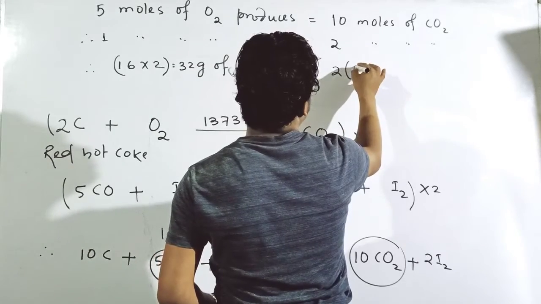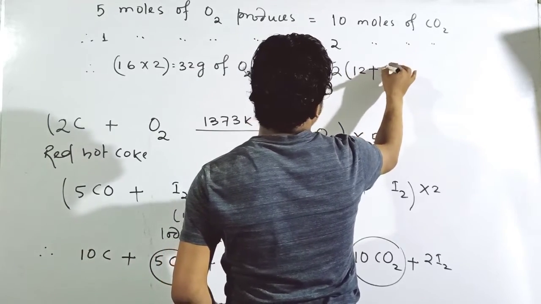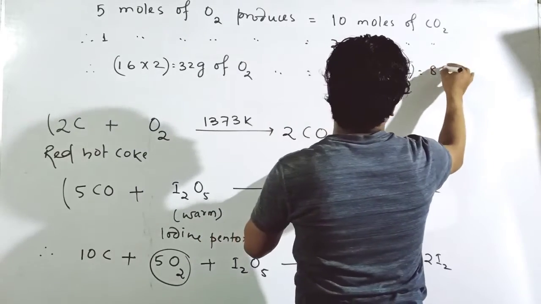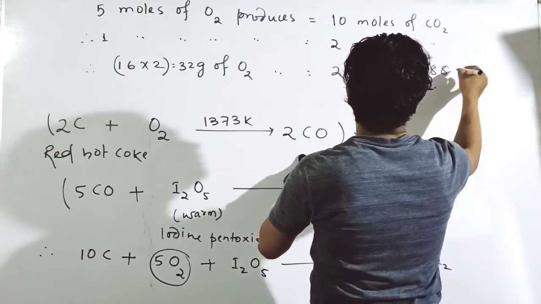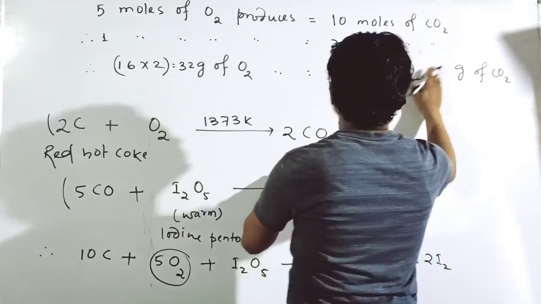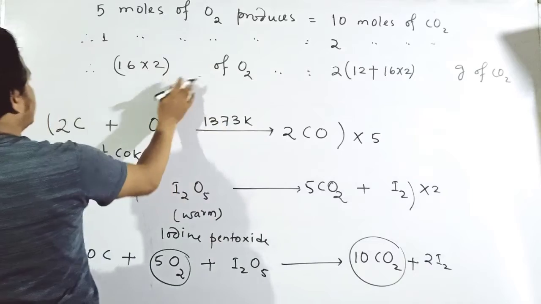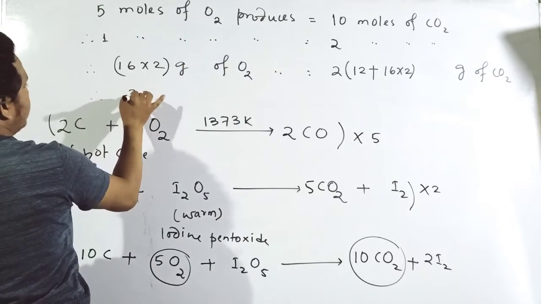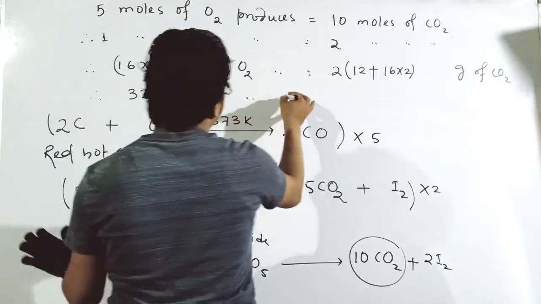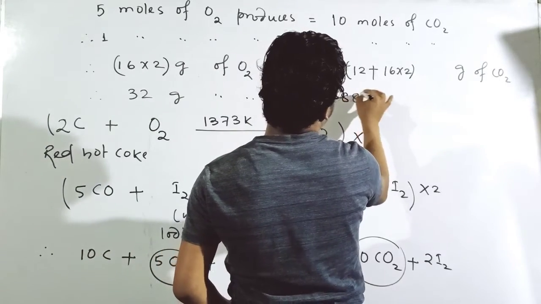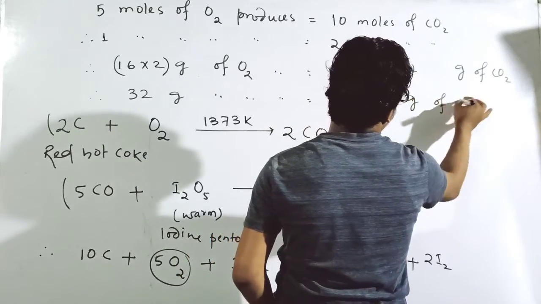So 32 gram of O2 produces 2 moles of CO2. Carbon mass 12, oxygen 16, 2 times, so 44 times 2 is 88 gram of CO2. Therefore 32 gram O2 produces 88 gram CO2.